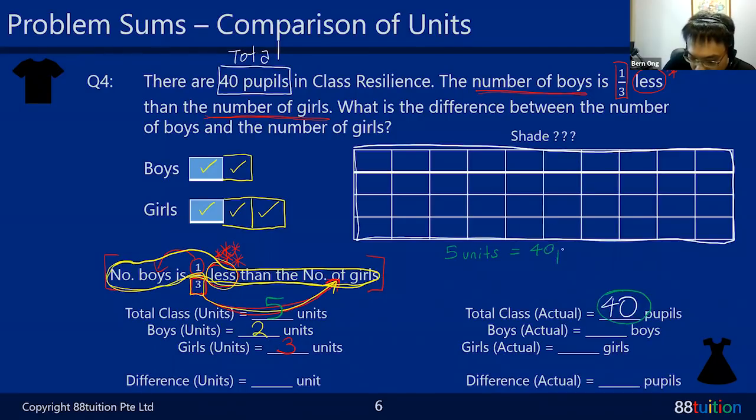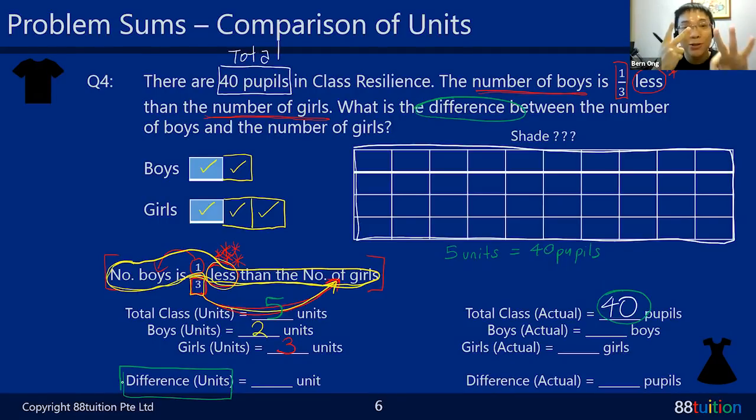All right, 40 pupils. And what does the question want? Look at the question. The question wants you to find the difference between the number of boys and girls. So you can look at this portion here, the difference. Can you see? Number of boys is 2 units. Number of girls is 3 units.